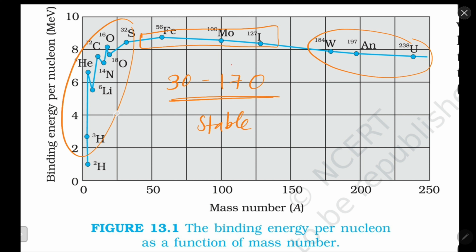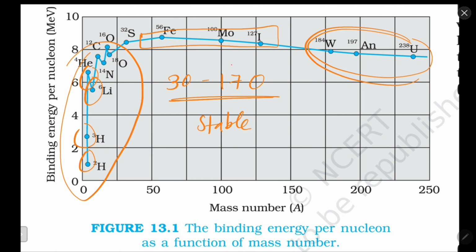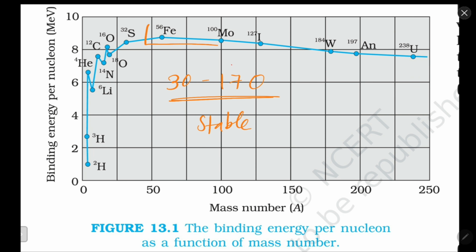If you notice here, the initial mass numbers, 0, then 4, 6 and so on, these particles have comparatively very little binding energy per nucleon, and this region also has less binding energy per nucleon as compared to the region in between. If you look closely, this middle region has the highest binding energy per nucleon.